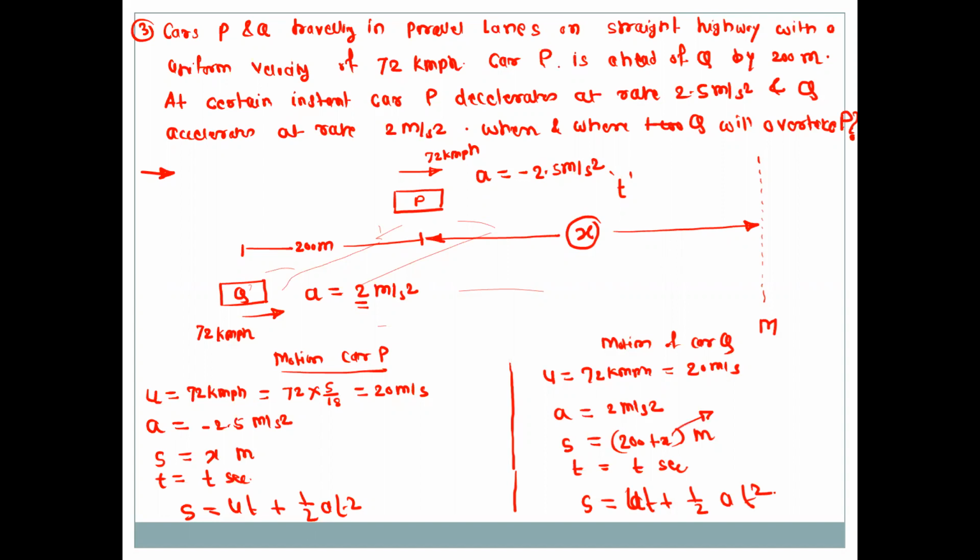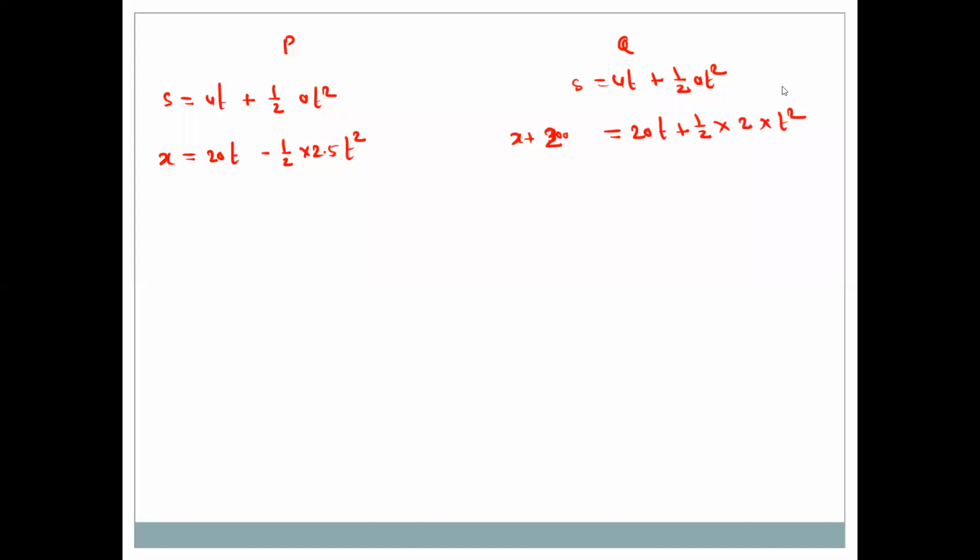Okay, so this is the equation for the car P. x is equal to 20t minus half 2.5 t square.